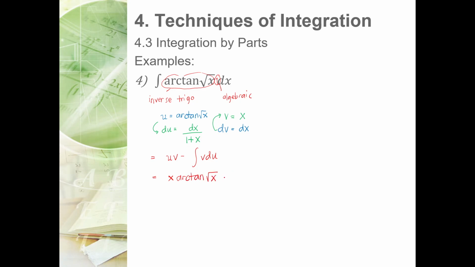I put the x first because the arctangent of square root of x is not something we can simplify there. Then minus the integral of v du, so that would be x times dx all over 1 plus x. So you have x arctangent square root of x minus x dx over 1 plus x.